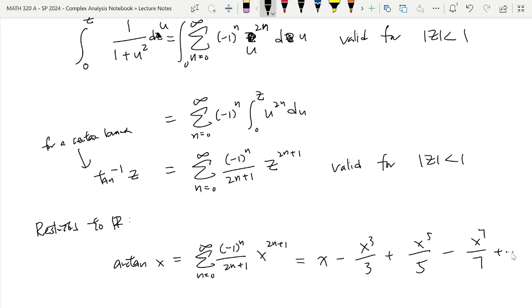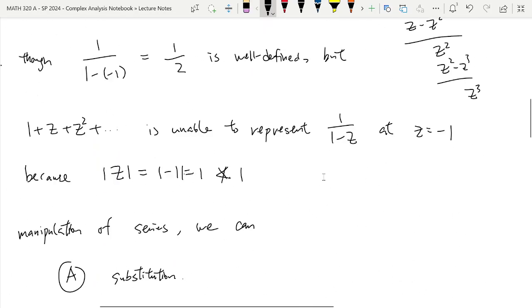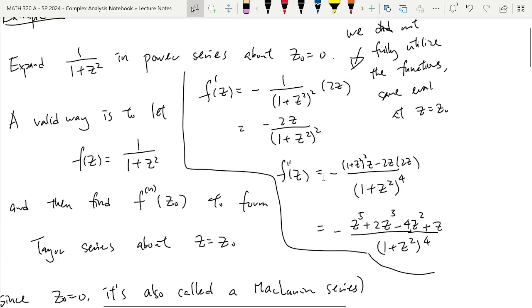Okay, and this is the lesson here. This would not have been possible other than just pure guessing if you do Taylor expansion. Either you go up and do all these differentiations, because even for the derivative of arctangent, the first derivative will be already 1 over 1 plus x squared.